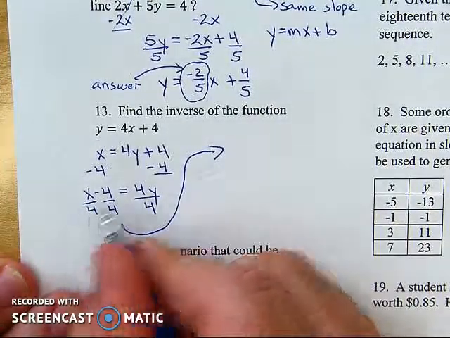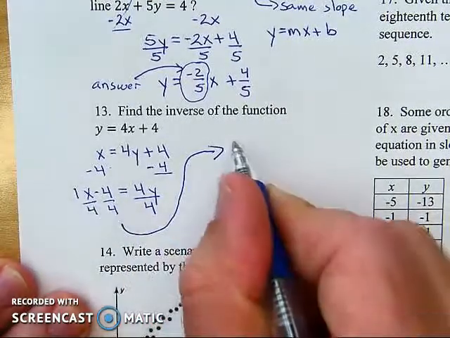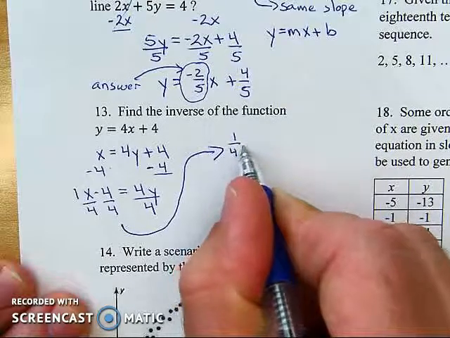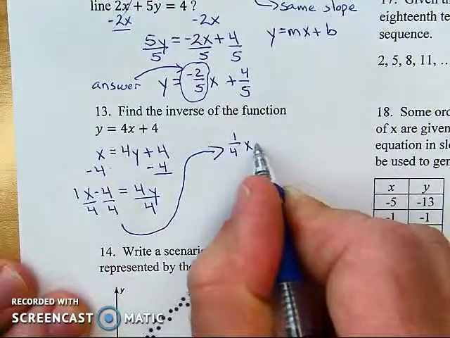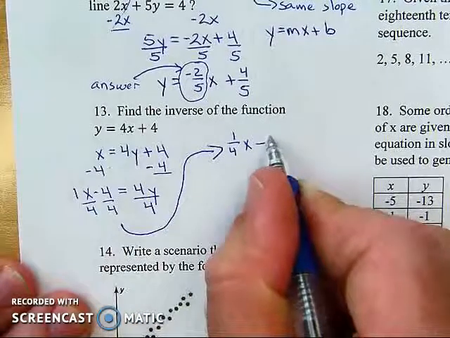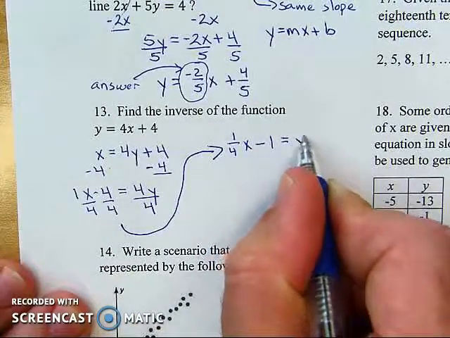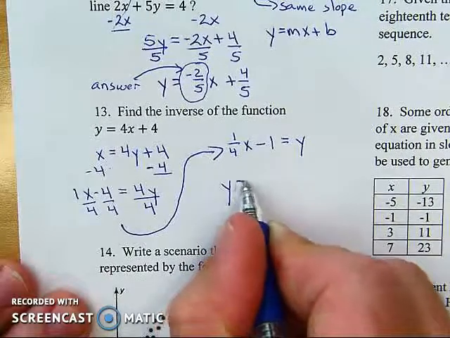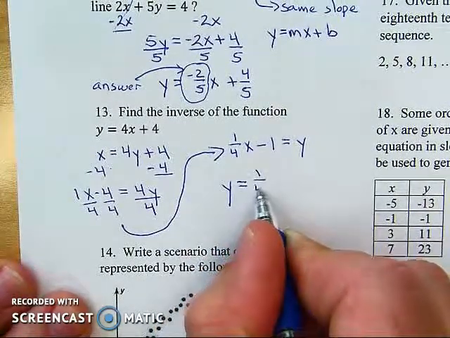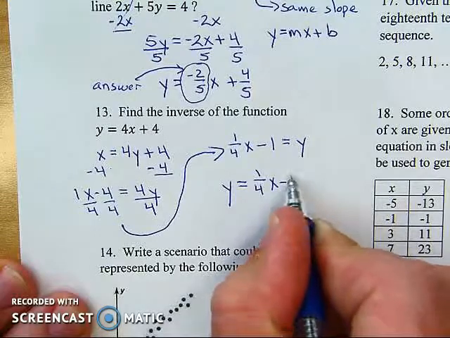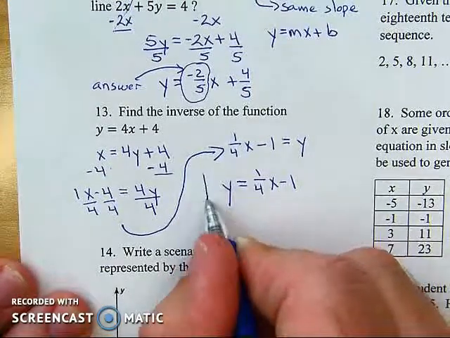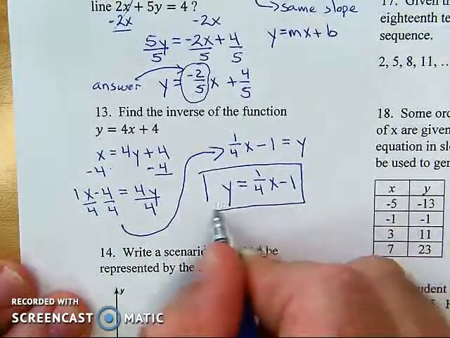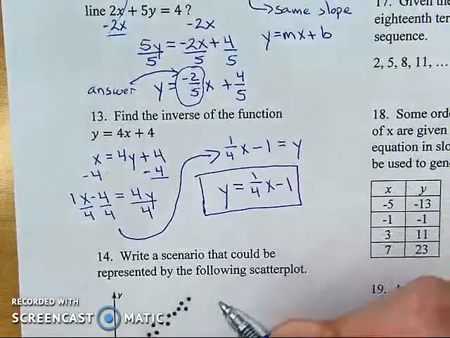On this side, remember there's a 1 right there, so that's like 1/4 x minus 4 over 4 turns into a 1 is equal to y. Now, keep in mind your answer key probably is going to have the y on the left, so we can just flip everything. Like so. So this would be my answer to that one.